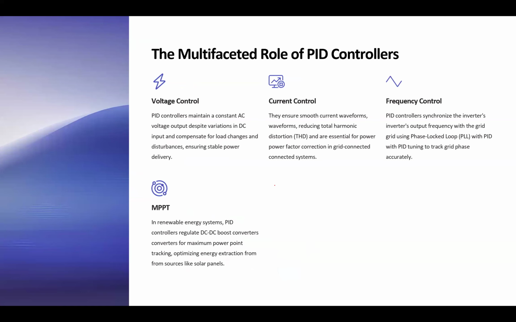PID is very simple to implement, but a very, very powerful tool. Now there are a lot of roles for a PID system: voltage control, current control, frequency control, and maximum power point tracking, MPPT. MPPT stands for maximum power point tracking. Very simple.